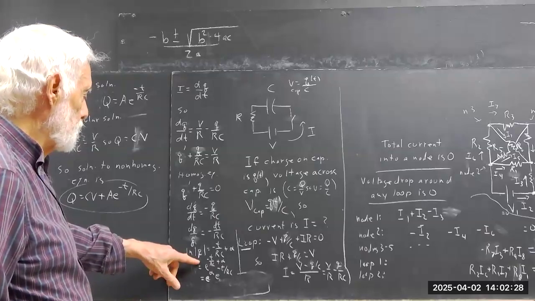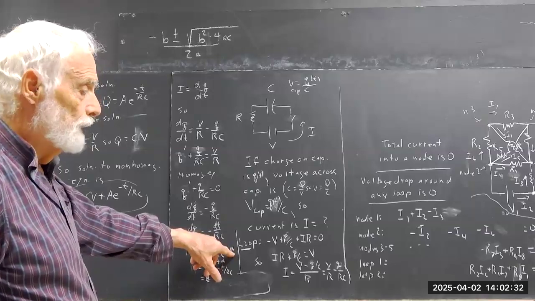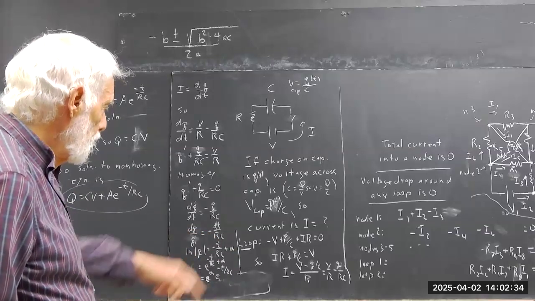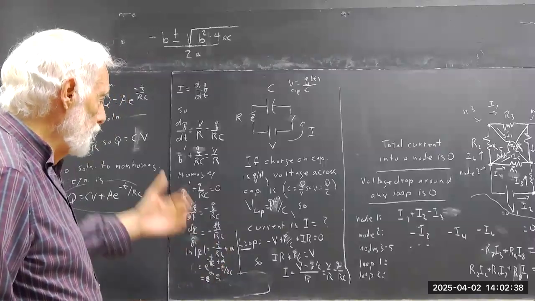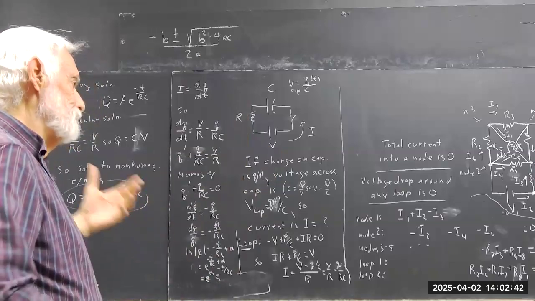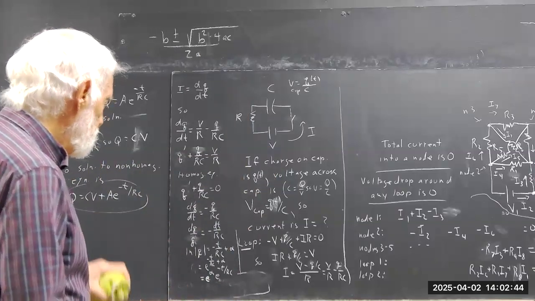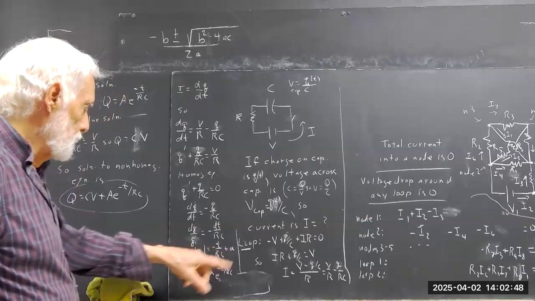The natural log of the absolute value of Q is negative t over RC plus alpha, which I'm using for the integration constant. I didn't want to use a C because we've got the C for capacitor. I want to use K because that's often in the exponent of an exponential. So I'm just using alpha.